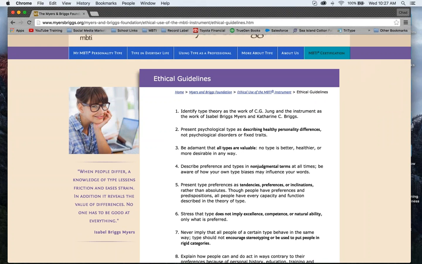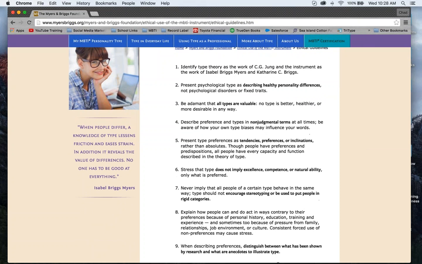Every time I start any kind of typing session, anytime I start talking to somebody, I usually refer to this, and it's something I think we all should internalize if we're using the Myers-Briggs instrument. Myers-Briggs has its advantages and disadvantages, but this code of ethics is what I try to follow when I use healthy typing.